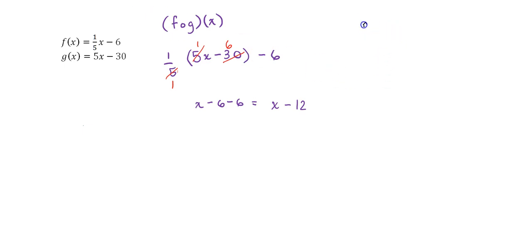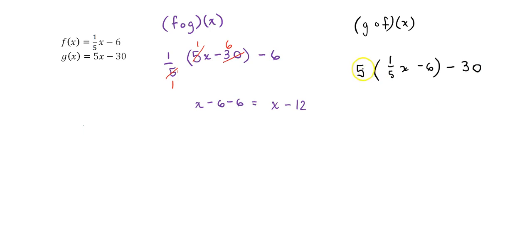You can do the g composed with f of x, right? This whole thing. And so the f becomes the 1/5 x minus 6. And that's our new input into the g function, which is going to multiply by 5 and then minus 30.